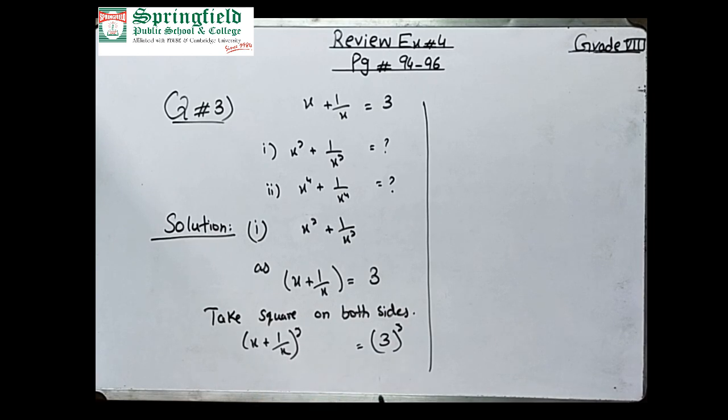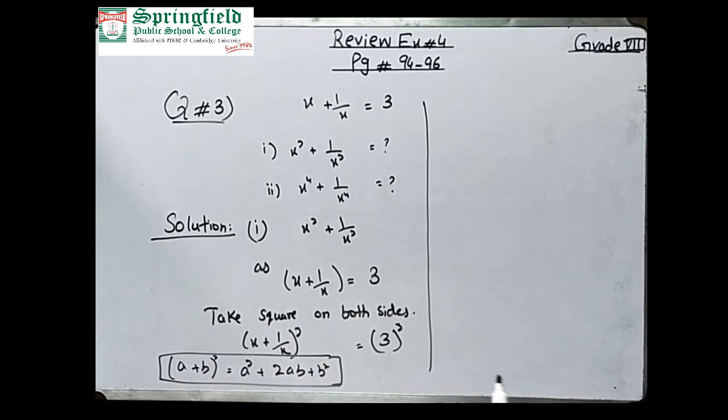Now open this square according to the formula. We know that a plus b whole square is equal to a square plus 2ab plus b square. Now open x plus 1 by x according to this formula.